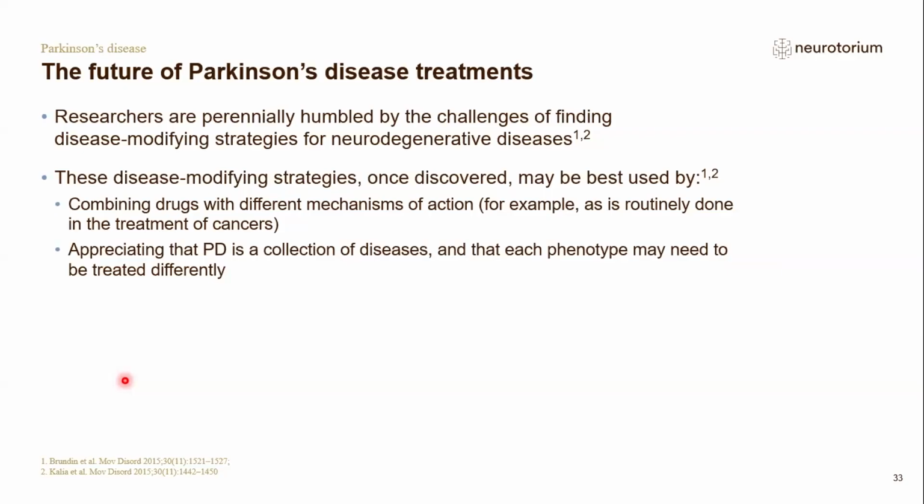And it also makes us want to think that maybe the disease-modifying strategies that are discovered, the ones that will work within the enteric system, the ones that will work on the alpha-synuclein, maybe chelation, the ones that may help in regeneration of dopamine or the dopaminergic neurons, you have to use them in consensus, so you have to use them together.